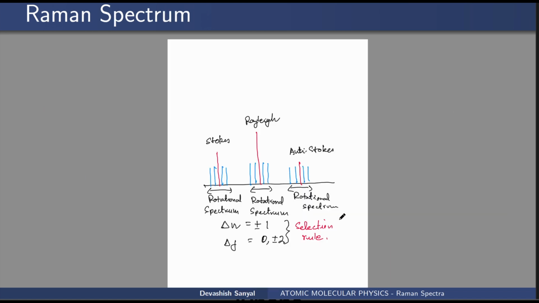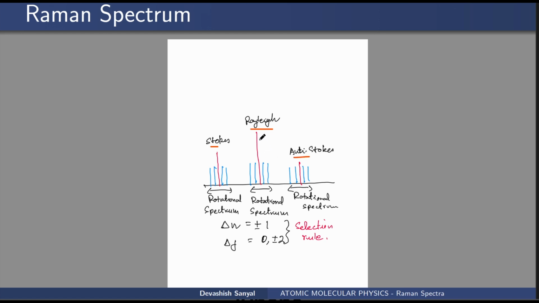So this is how it looks. This is the Rayleigh line, which is due to elastic scattering, and then the red lines are the transitions between the vibrational levels. This is a Stokes line, which has a lesser frequency, the red one, and we have the anti-Stokes line.